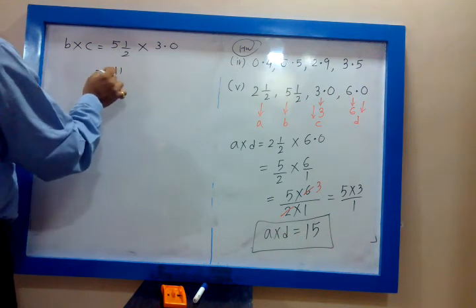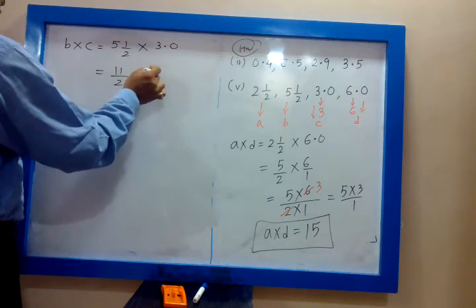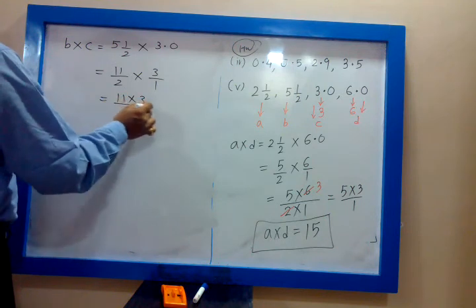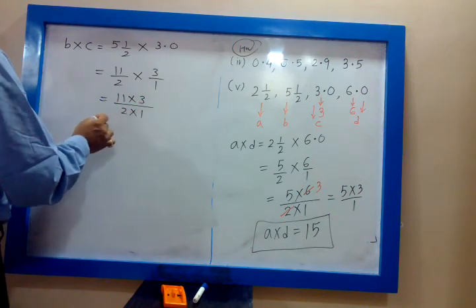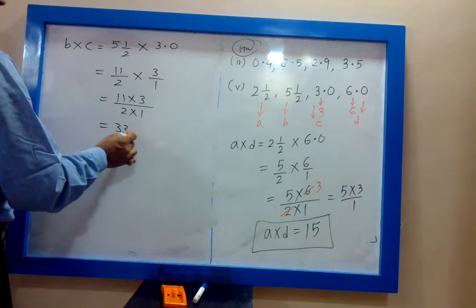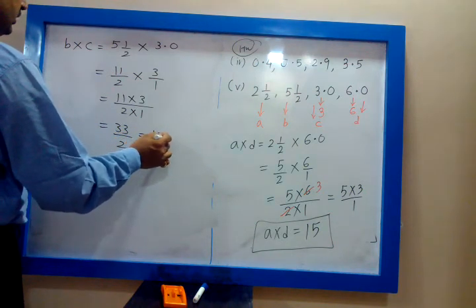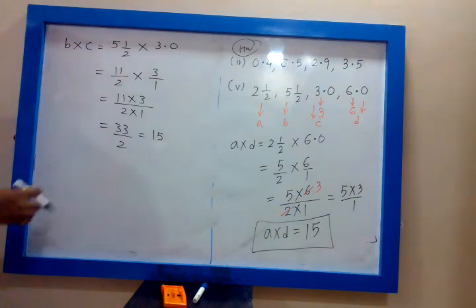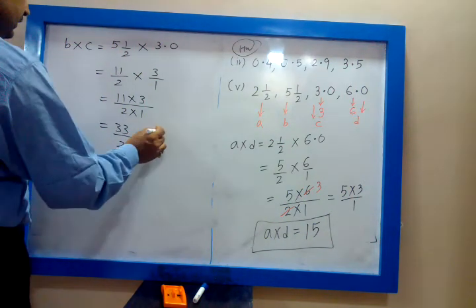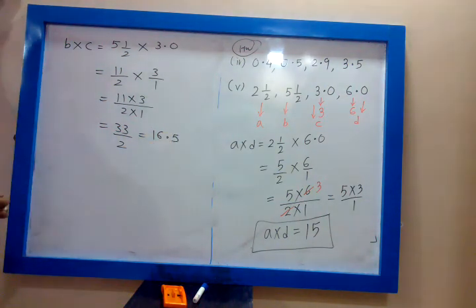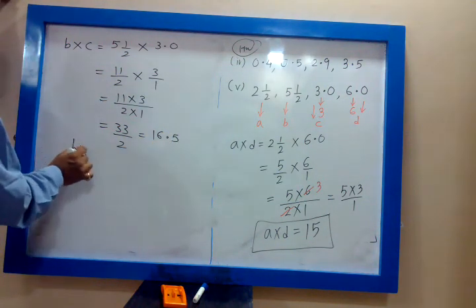That is 11 by 2 multiplied with 3. 3 I can write 3 upon 1. So 11 into 3 upon 2 into 1. That is 33 upon 2. That is nothing but 16.5. So B into C is 16.5.